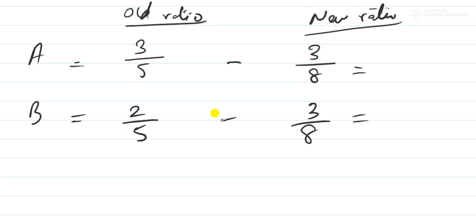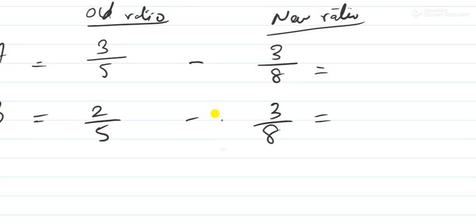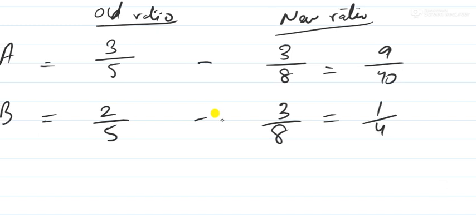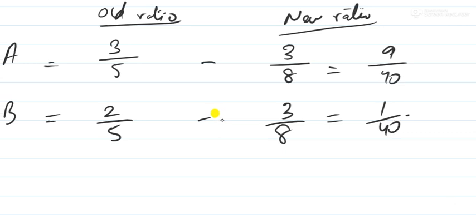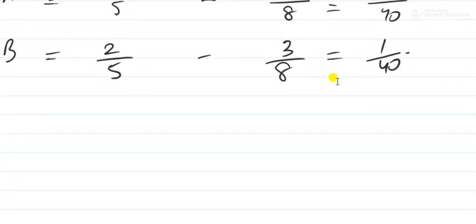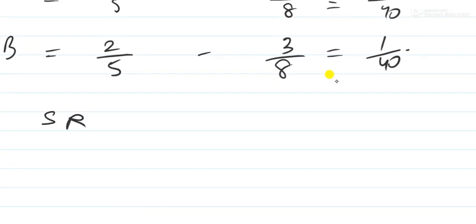We take the LCM and we do the simple subtracting process, and then we get here 9 by 40 and here we get 1 by 40. So the denominator is also same. So here the sacrificing ratio of A and B is equal to 9 is to 1.